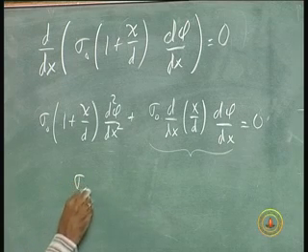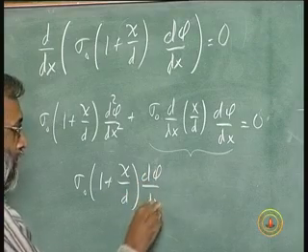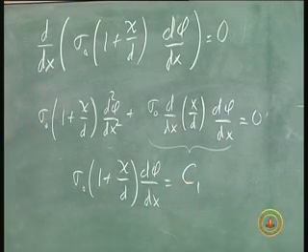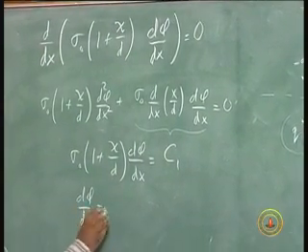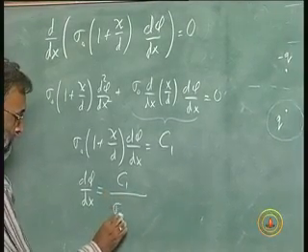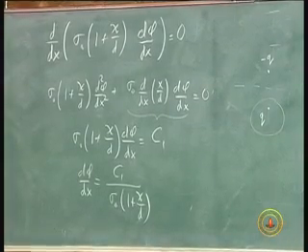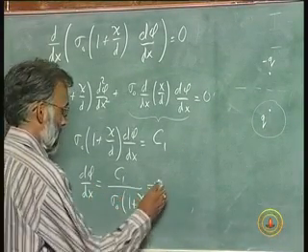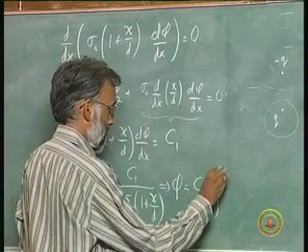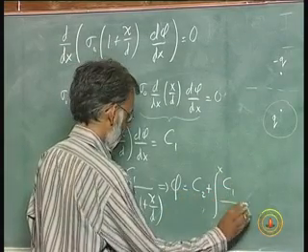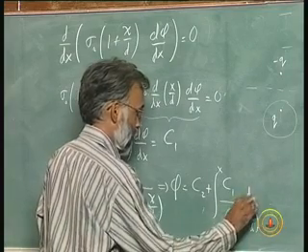So, we can write this as sigma naught 1 plus x over d d phi/dx equals constant C1, which means d phi/dx is equal to C1 over sigma naught 1 plus x over d, which again means we can integrate this to get phi is equal to C2 plus integral to x C1 over sigma naught 1 plus x over d dx.